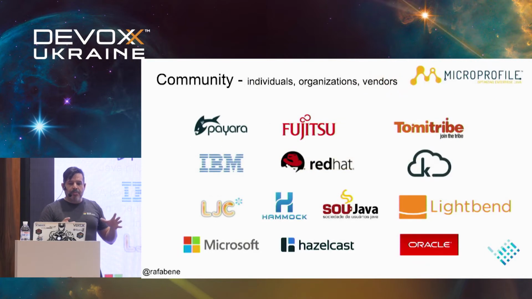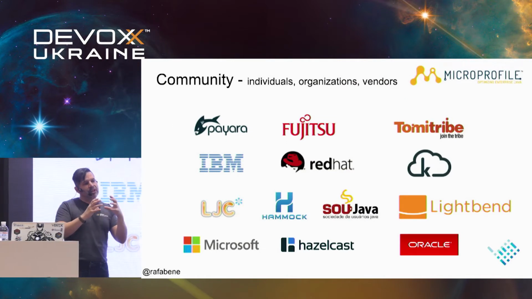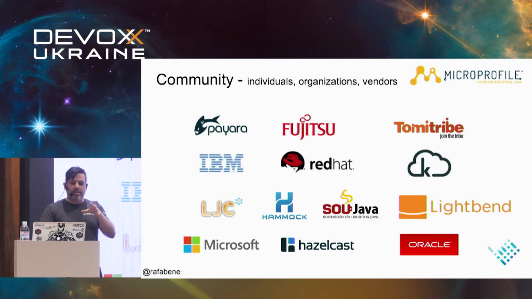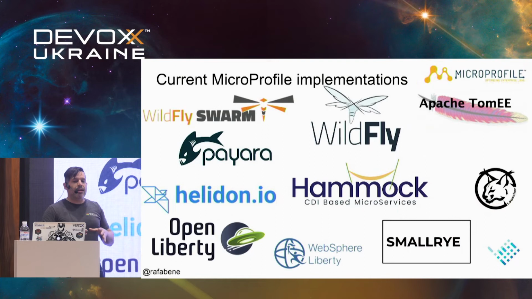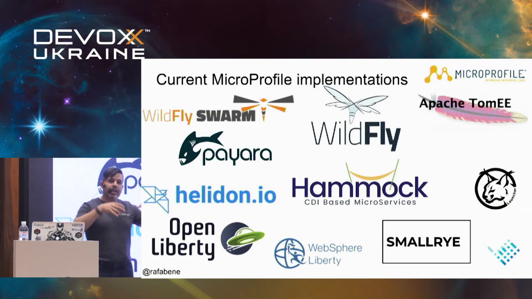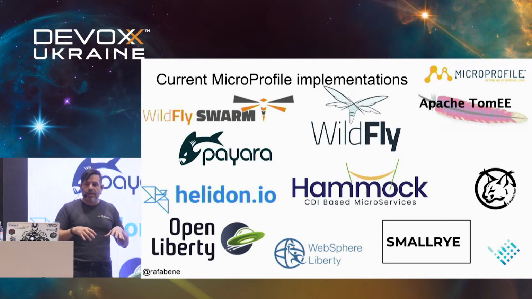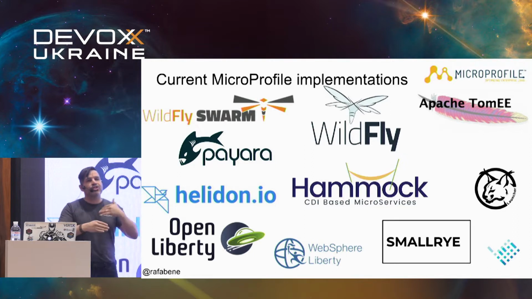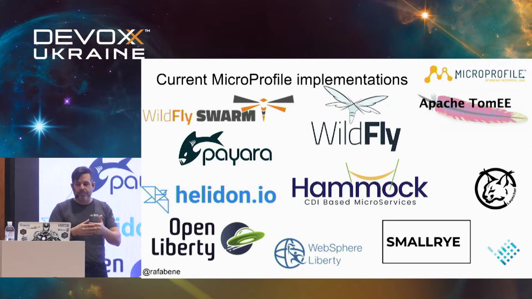And as I said, because it's a specification, we have, among these individuals, organizations and vendors, different MicroProfile implementations. The one that I will use today for this talk is Thorntail. Thorntail used to be called WildFly Swarm, but they changed the name to Thorntail.